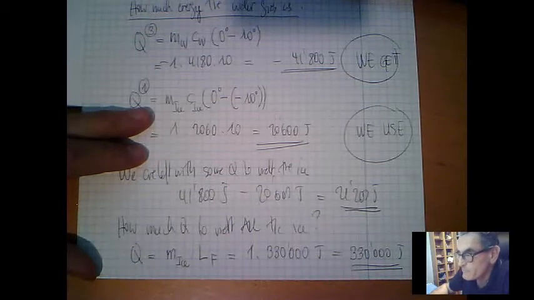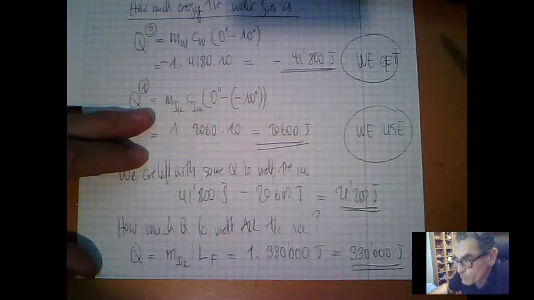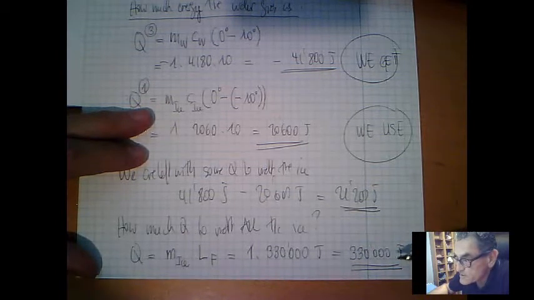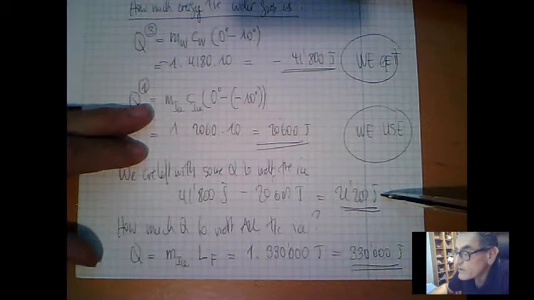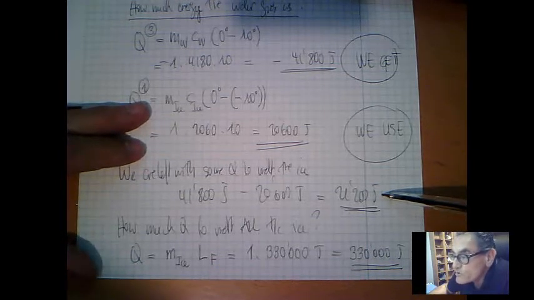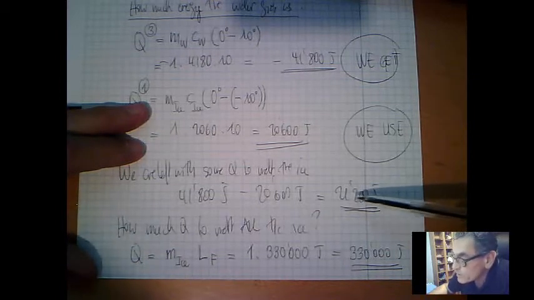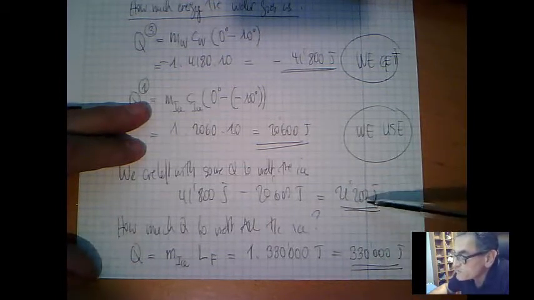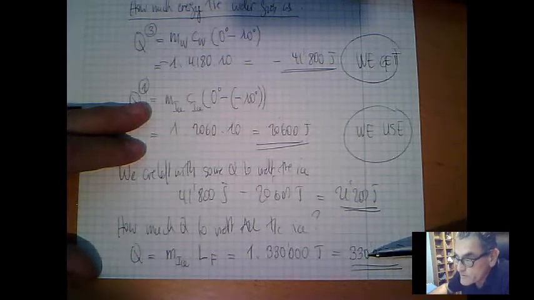Okay, so now you can do a proportionality argument. You can say, okay, to melt all the ice, I would need 330,000 joules, but I have only 21,200 joules to do the job. So I will melt a percentage of the ice, which corresponds to this divided by this.